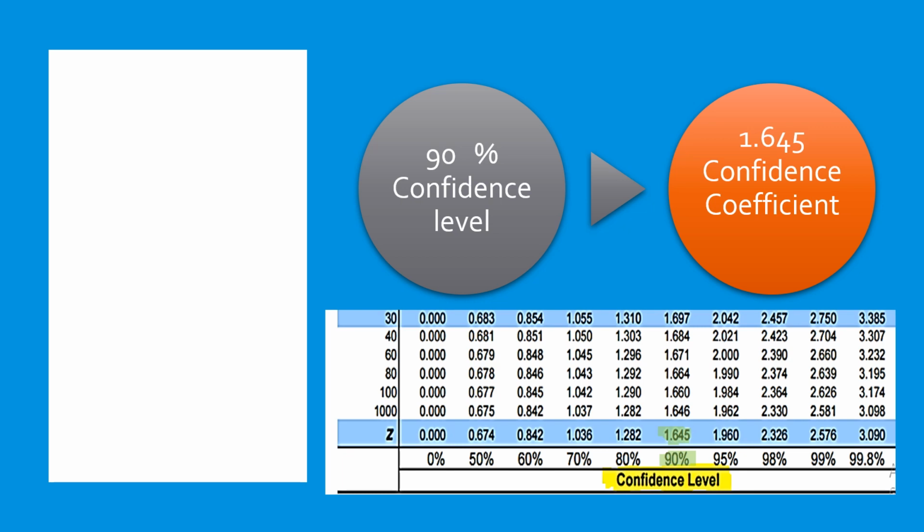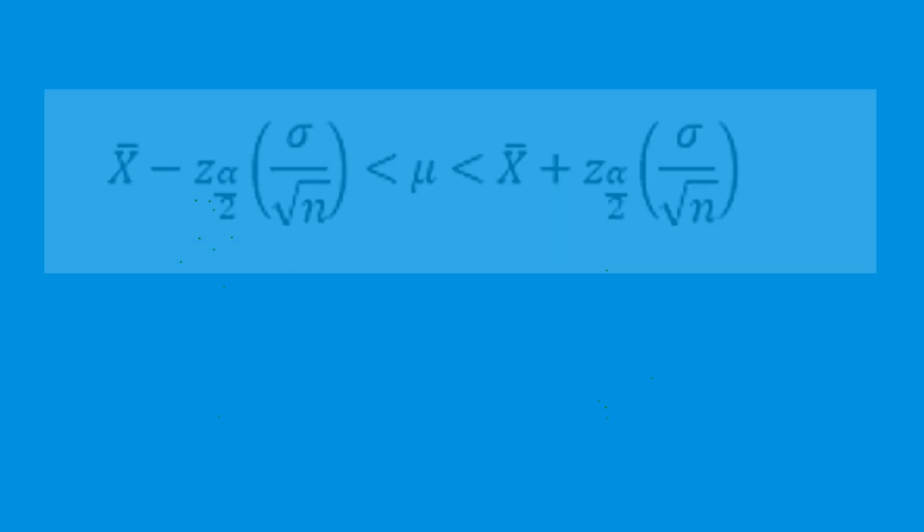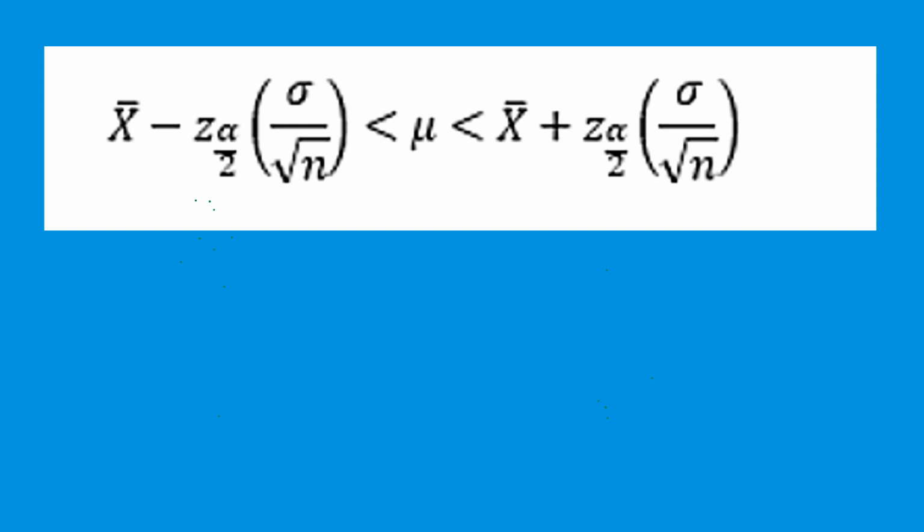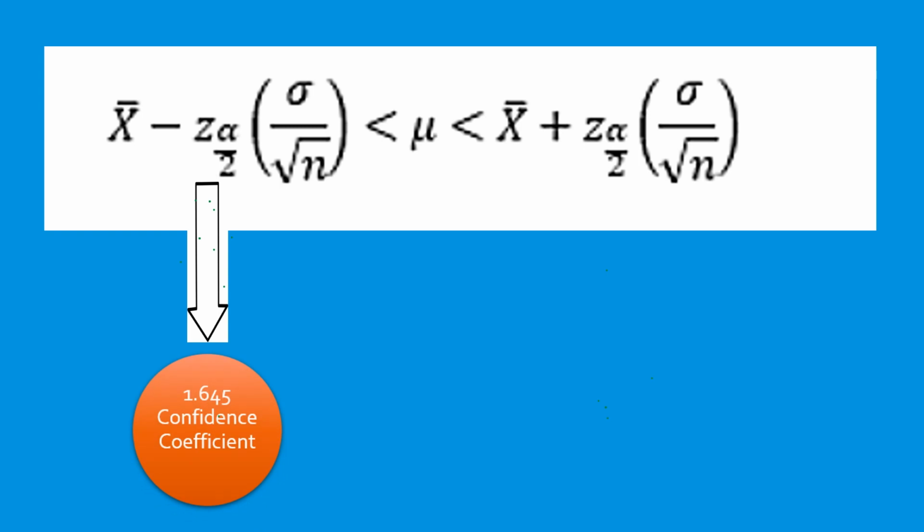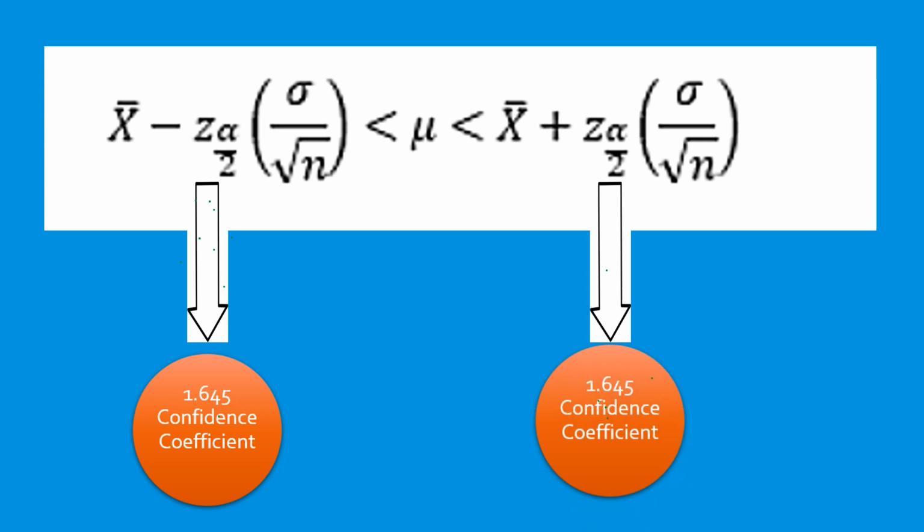So, alam na ba class kung paano ang pagkuha ng confidence coefficient? Saan naman sa formula natin ilalagay ang nakuha nating confidence coefficient? So, dito sa Z sub A over 2, ang tawag sa symbol na yan ay confidence coefficient. So, yung nakuha nating value from the table ay i-replace natin sa ating formula.